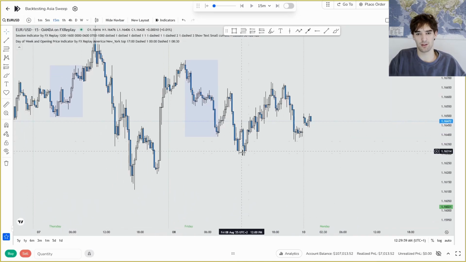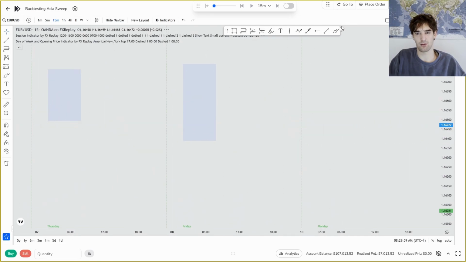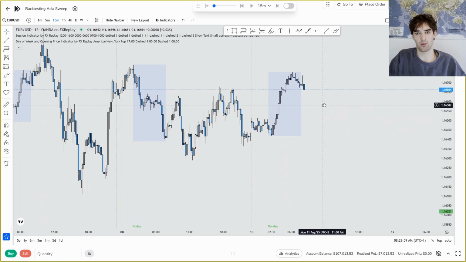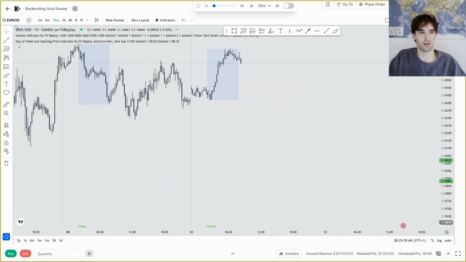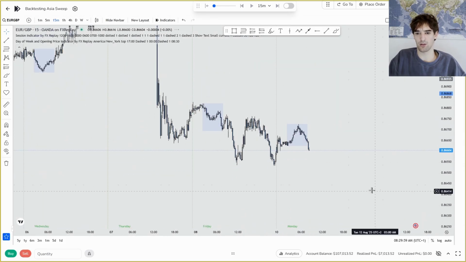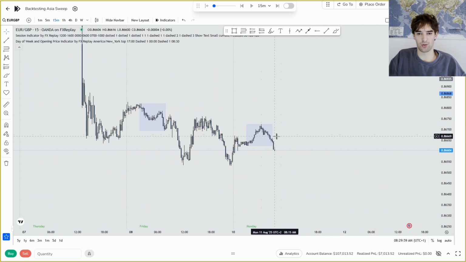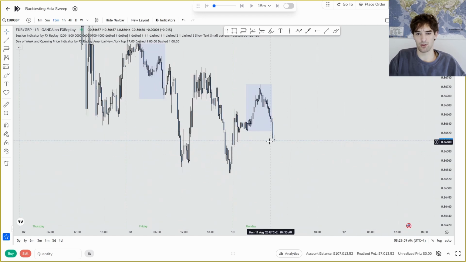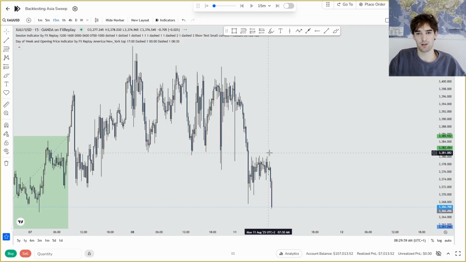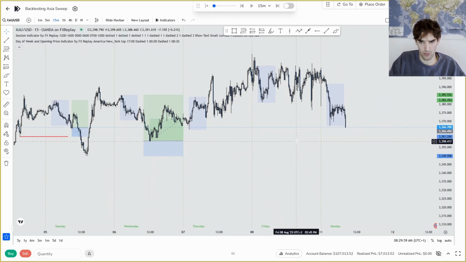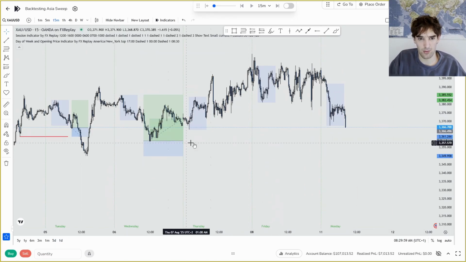If we would have taken this on EU, it would have been an overnight hold. Probably would have hit TP the next day. Now let's take a look on EG again. We're looking for shorts here, but the low already got swept, so we can't trade this. Now on gold, we could take this one with this stop loss.